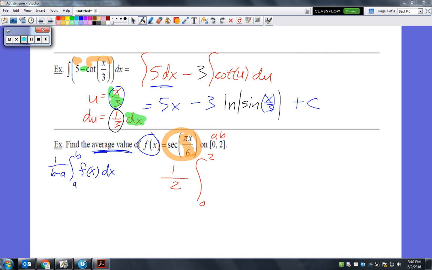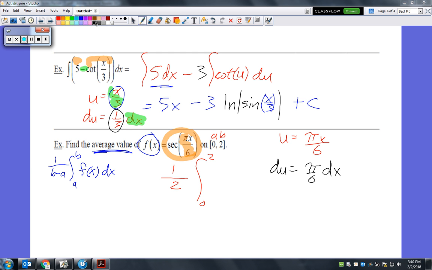So u is equal to, what? Pi x over 6. Good. Therefore, du is equal to pi over 6 dx. That's the constant multiple rule. So this is going to become 6 over pi with the flip, right?